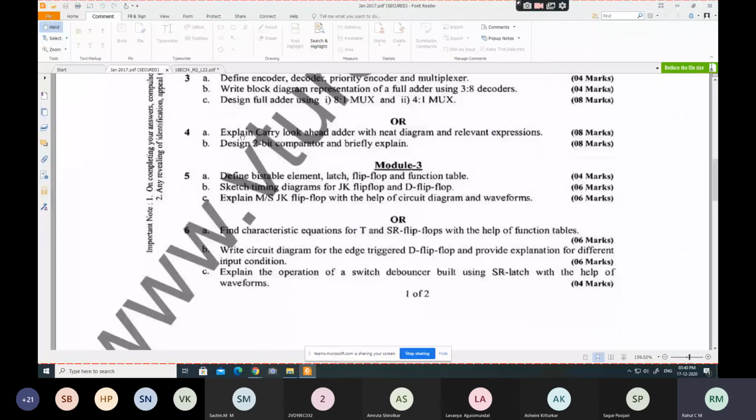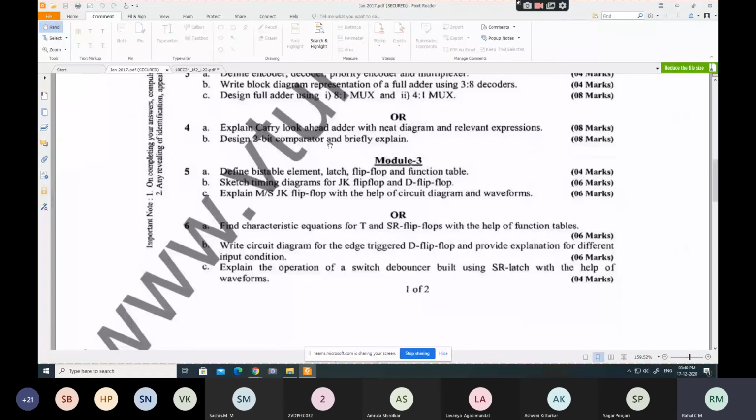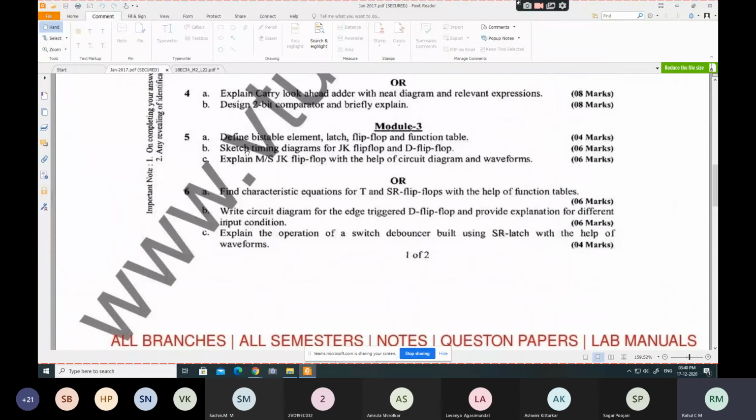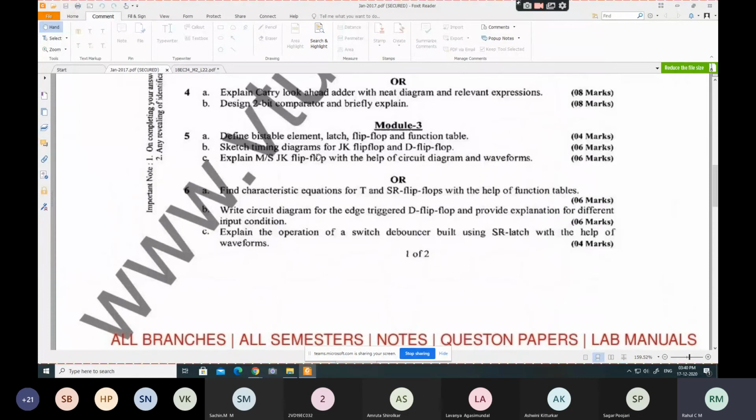Explain a carry adder with a neat diagram and relevant expressions. Design a 2-bit comparator again. It is asked. Define a bistable element, latch, flip-flop, and functional table. Sketch timing diagram of JK and D. Explain MS JK flip-flop with the help of a neat circuit diagram and waveform.